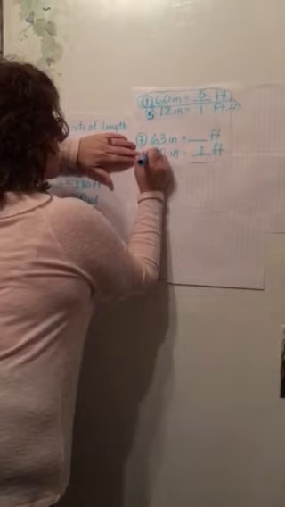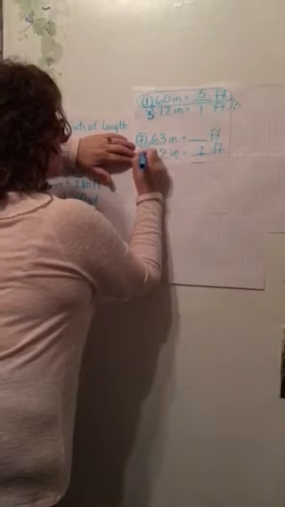We ask ourselves, 12 times what will give us 63? Well, that doesn't give us an exact multiplication. So we can do our division to find the answer.